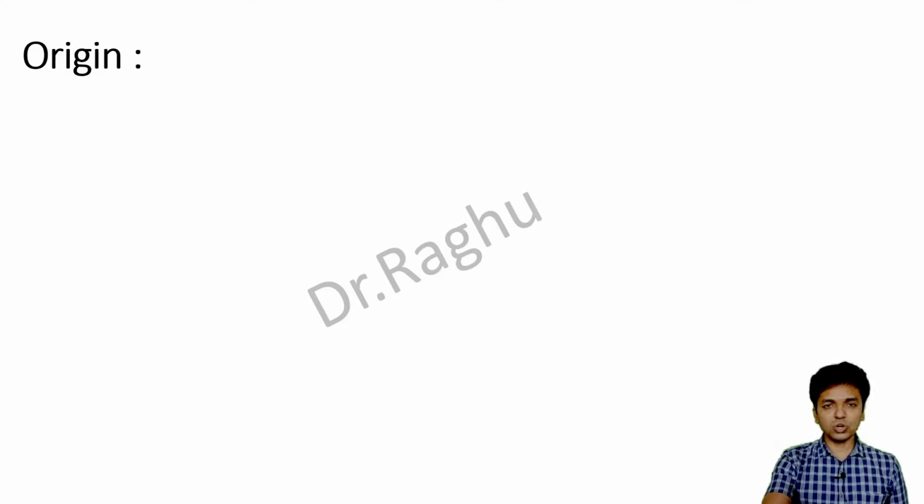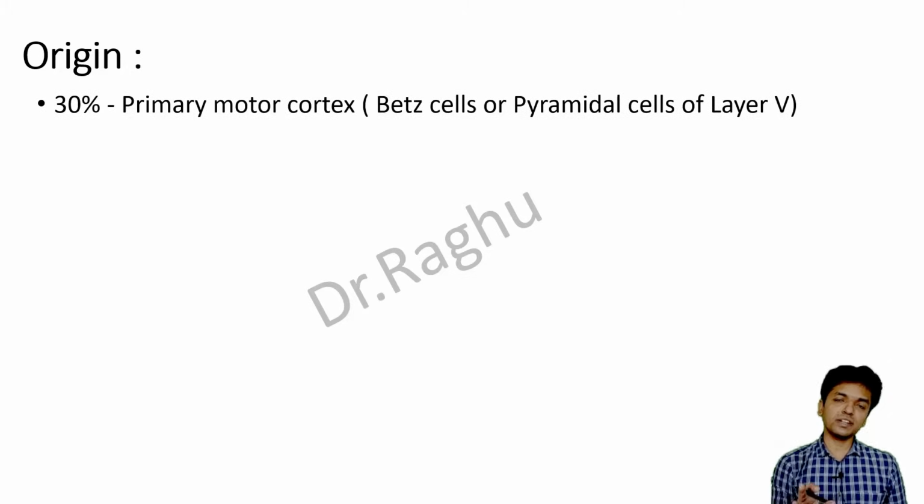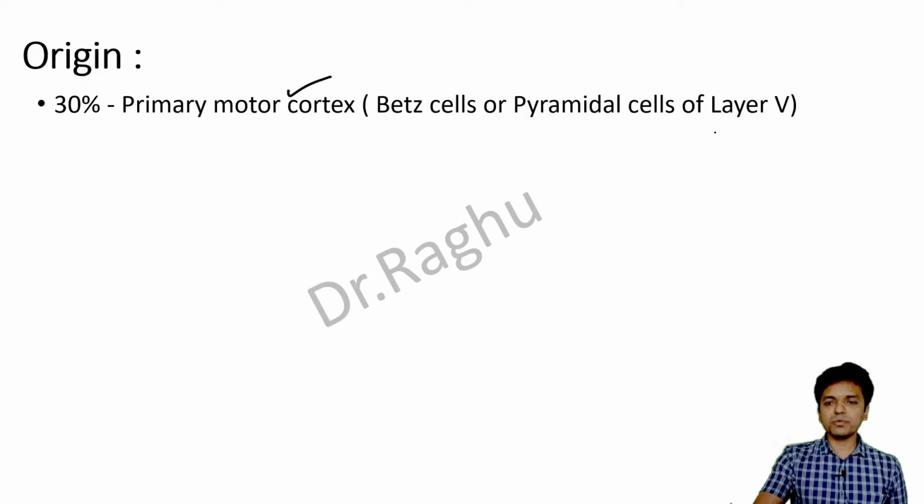Next, let's see the origin of the fibers. Which are the areas from which the pyramidal tract, or the so-called corticospinal tract, is getting its origin? 30% of the fibers take origin from the primary motor cortex. Which layer of the primary motor cortex? They take origin from layer 5 of the primary motor cortex.